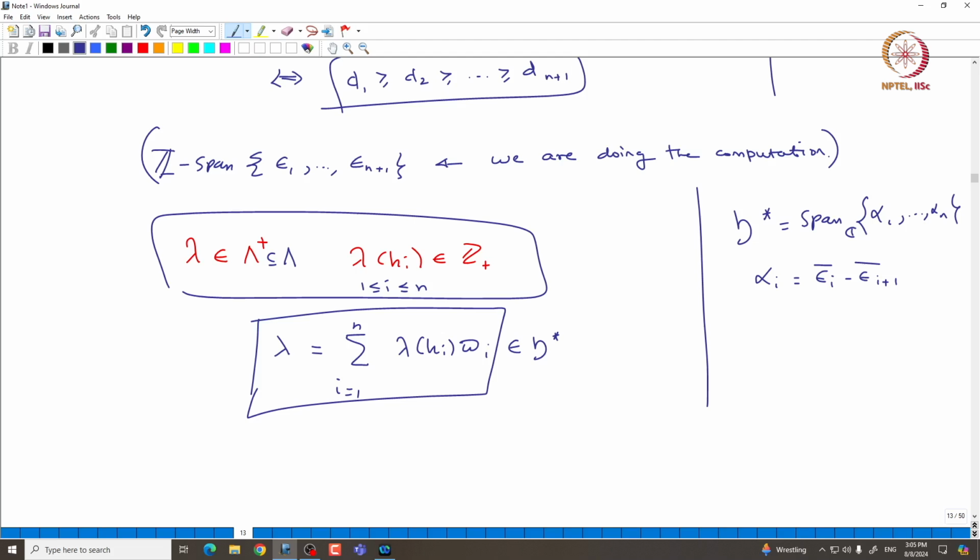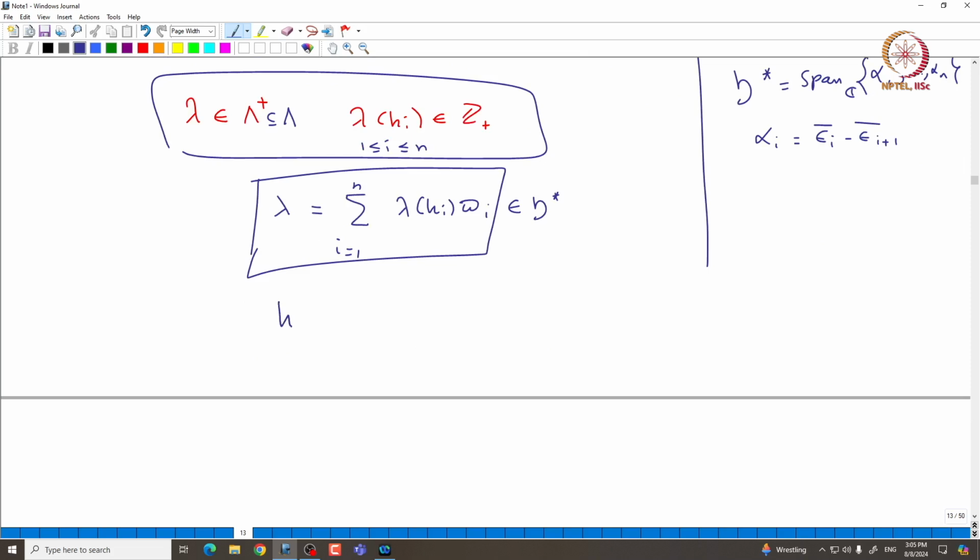So, now what is h lambda? h lambda is defined such that B of h lambda, h is given by lambda of h. In particular, B of h lambda, hi is given to be lambda of hi. So, this is how h lambda is defined.